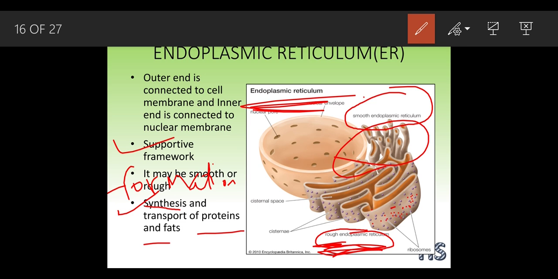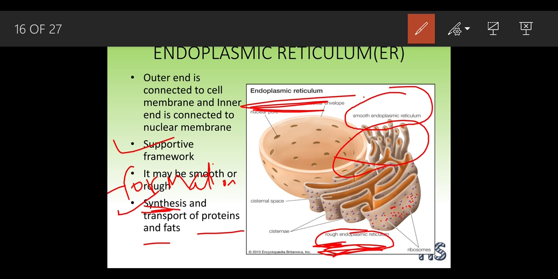I just wanted to give you an example. Mom cooks the food in the kitchen, so she is synthesizing, but the whole family eats the food in the hall, because in the hall there is a dining table.